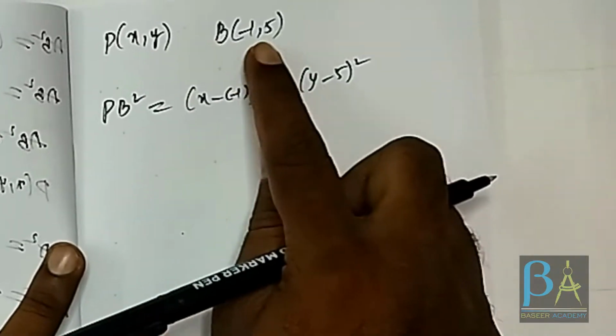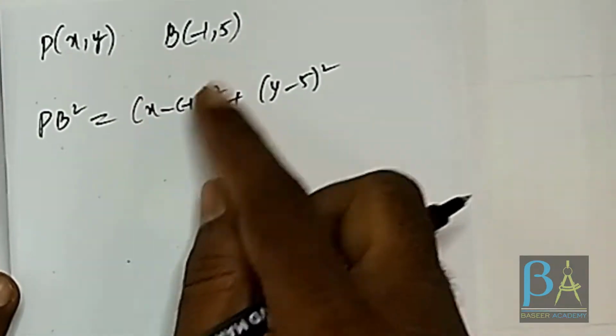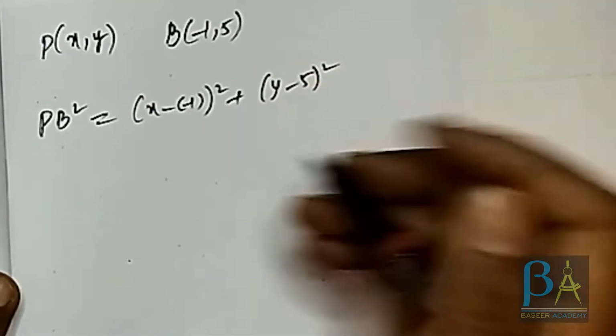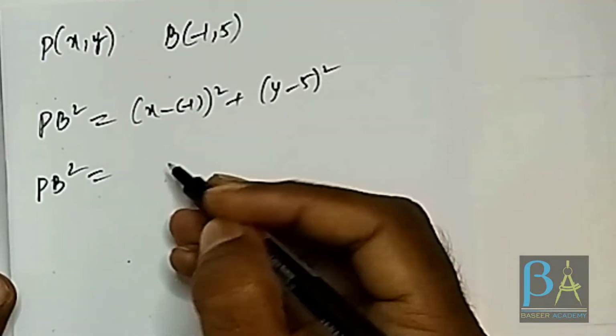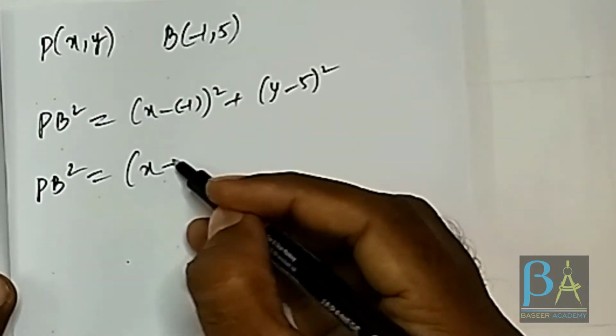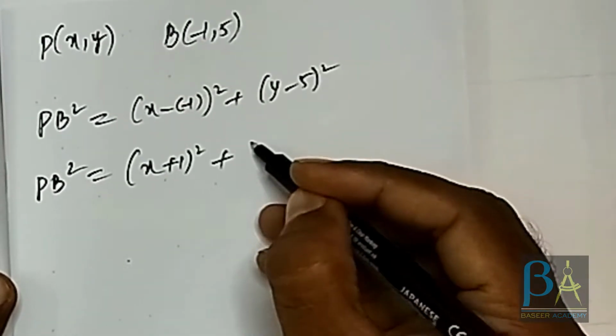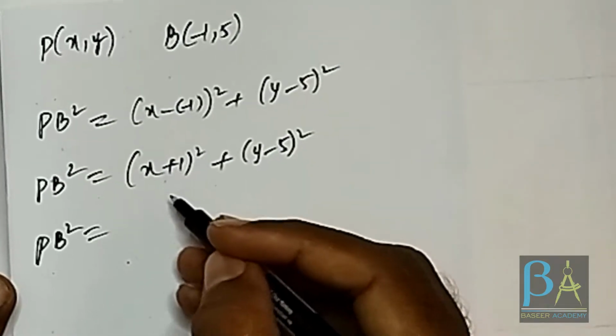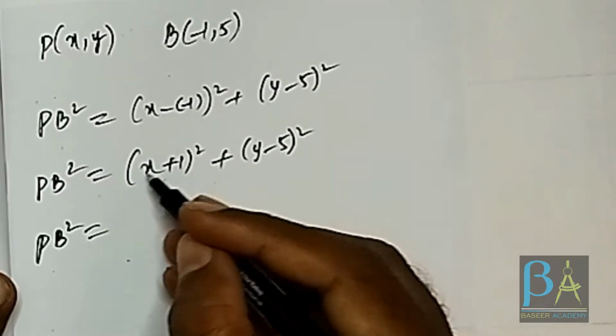How? I subtracted the x coordinates. So x minus of minus 1 whole square plus y minus 5 whole square. So PB square is going to be x minus into minus is plus, x plus 1 whole square, y minus 5 whole square.